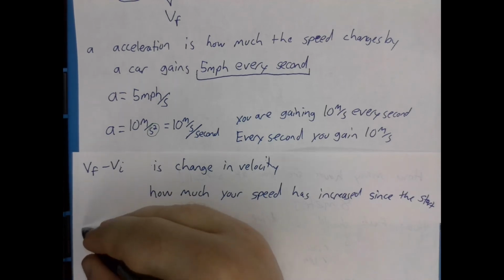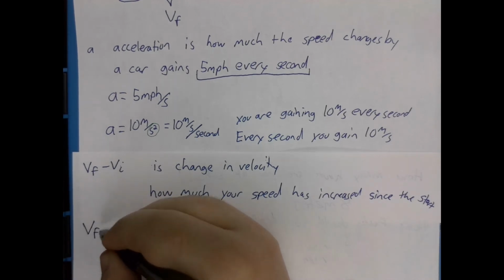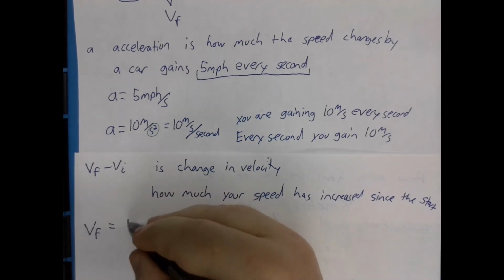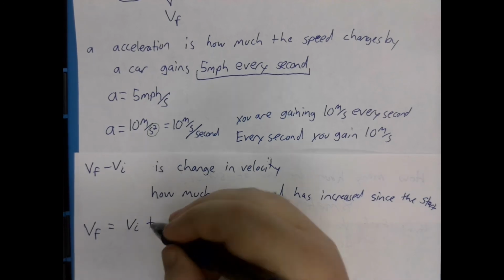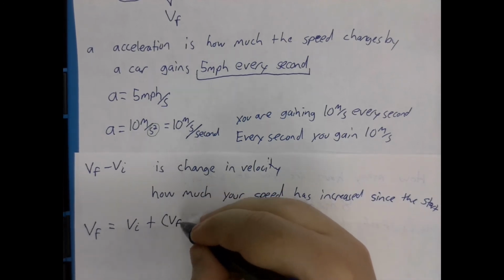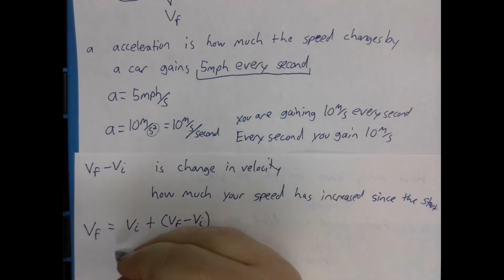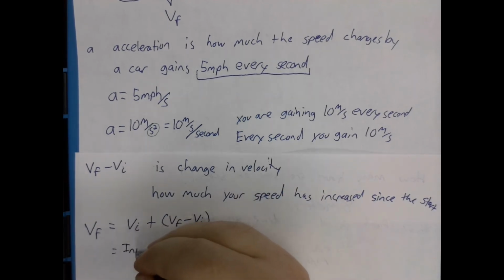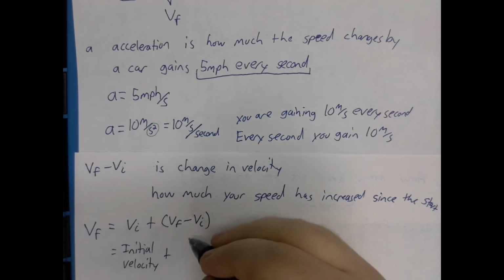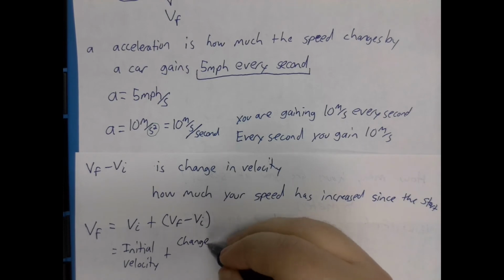So if you wanted to solve for final, your final would be equal to your initial plus your change. So your final speed is whatever you started with plus your change in velocity.